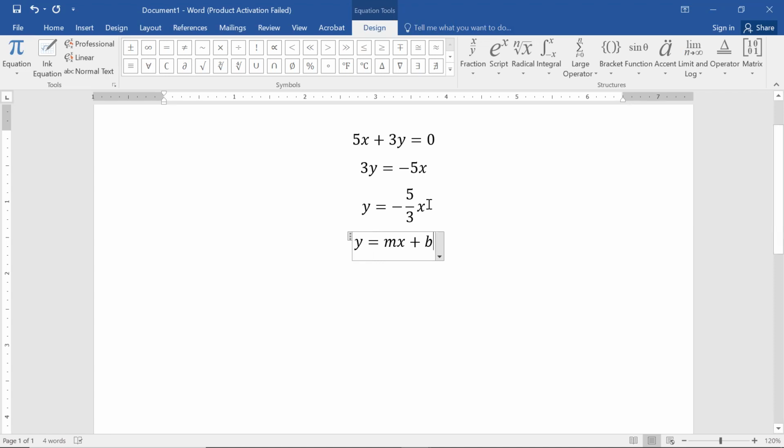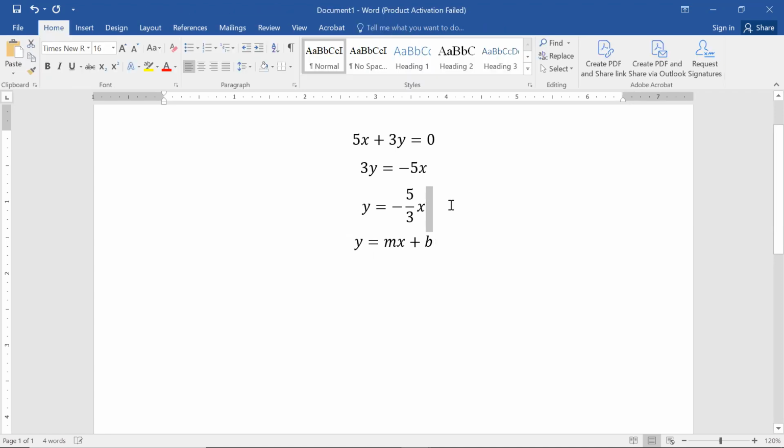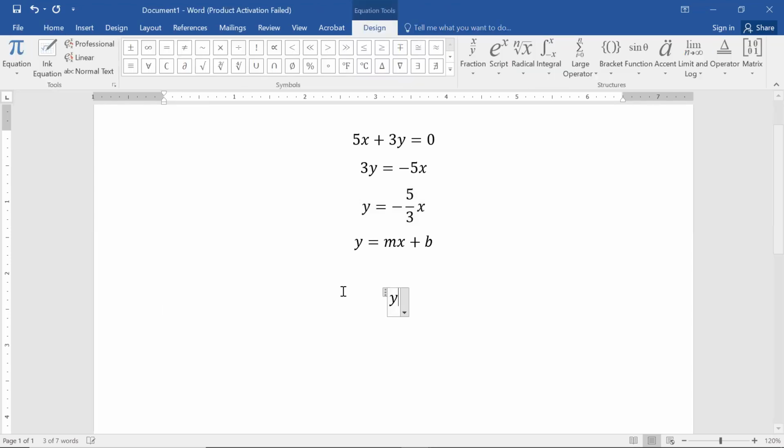And here we don't see the b because essentially our constant value on the right-hand side is a 0. So the y-intercept is the point 0, 0, or the origin.